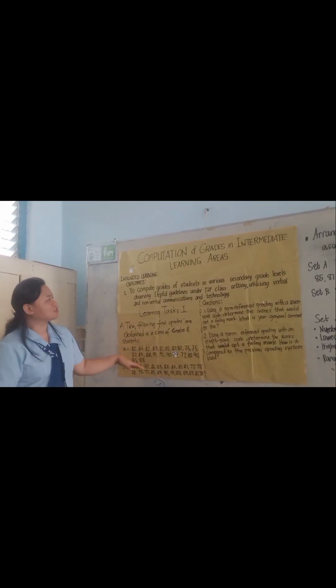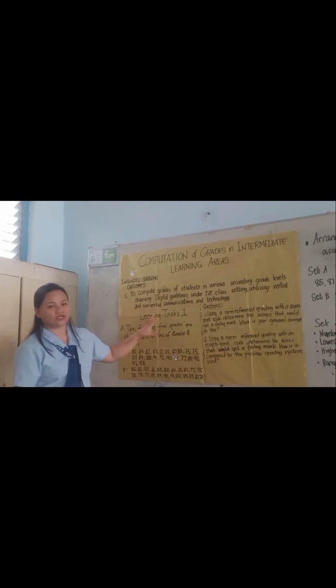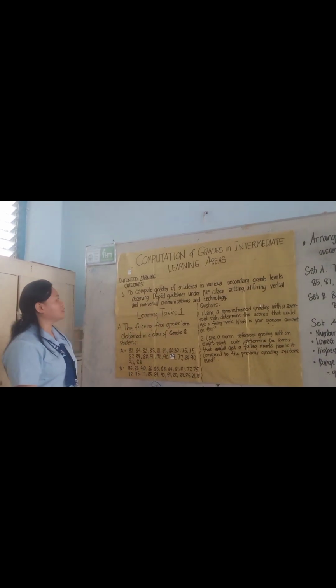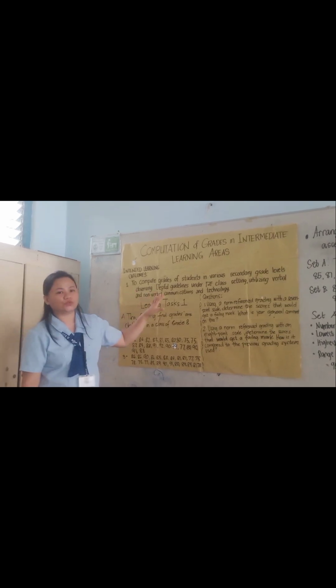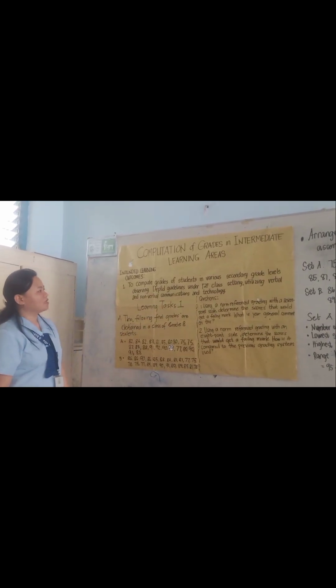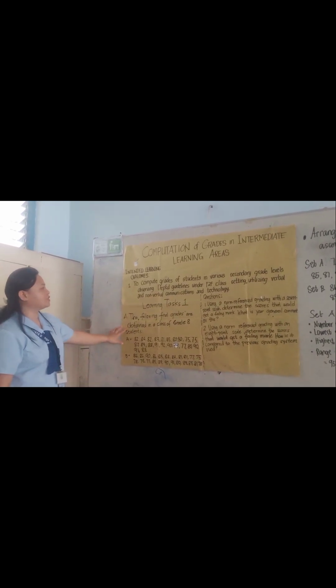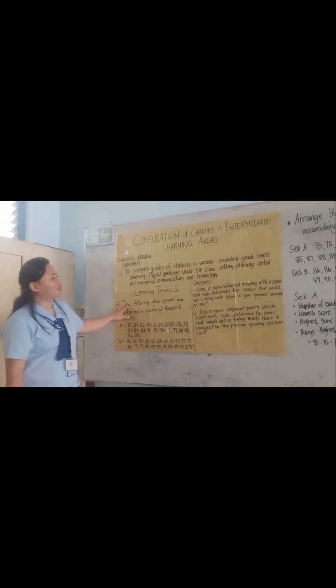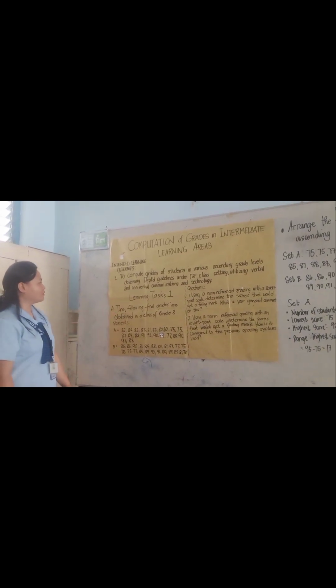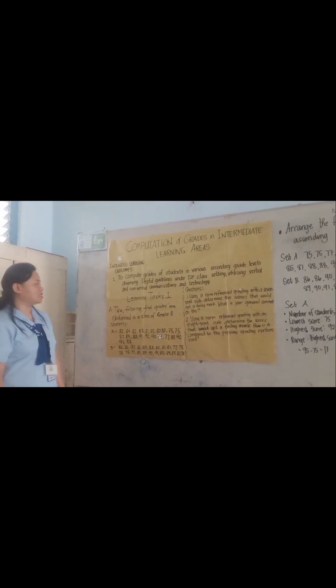Good day, sir. I'm going to discuss our learning task 1, but before that, I'm going to read our intended learning outcomes. It is to compute grades of students in various secondary grade levels, observing the guidelines under the face-to-face task setting and utilizing verbal and non-verbal communications and technology.